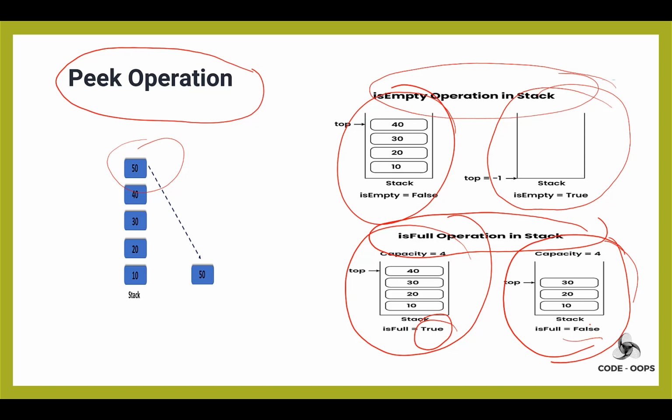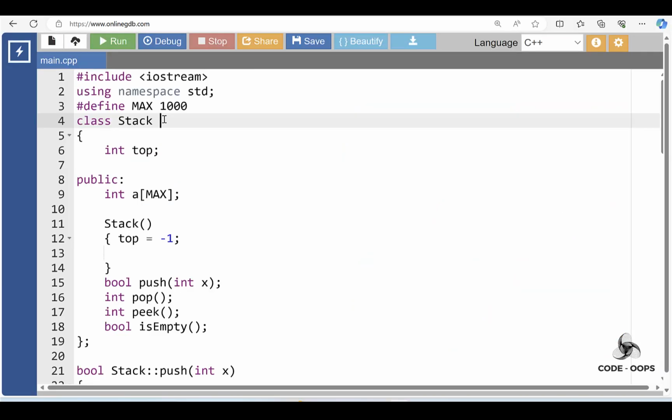Let's see the program of how to implement stack using array. In this code, first of all define the header file iostream, then define namespace std. After that, define the preprocessor directive. Hash define MAX 1000. Hash define is a preprocessor directive that is used to define macros.